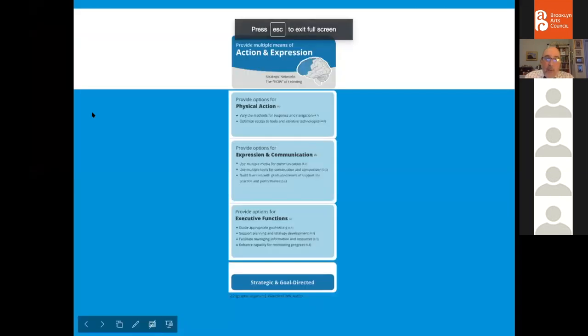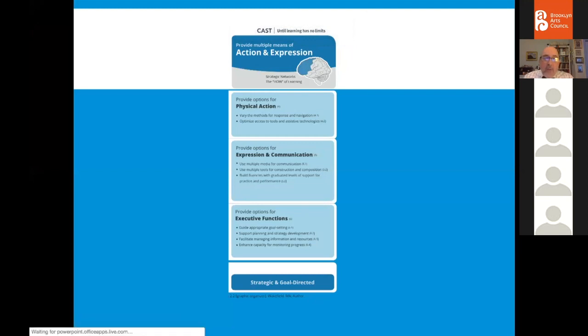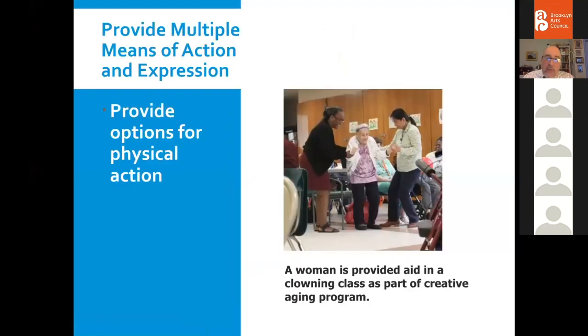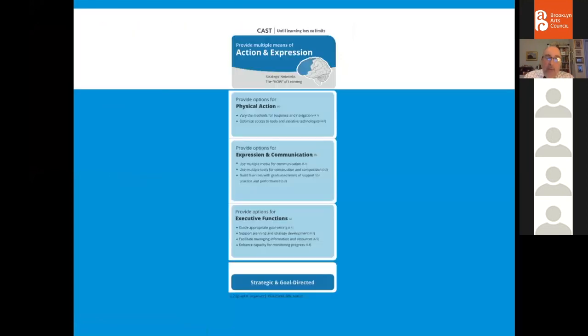All right, thank you. So now we're at the last principle of Universal Design for Learning, which is providing multiple means of action and expression. If you look at the top, you'll see that it talks about this is the how of learning, including the strategic networks.